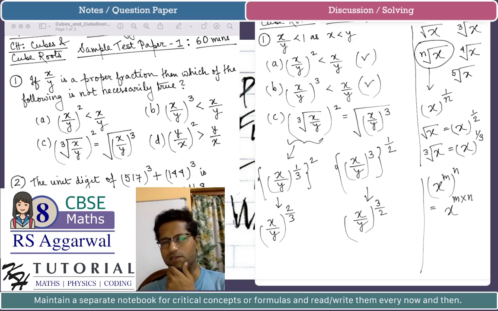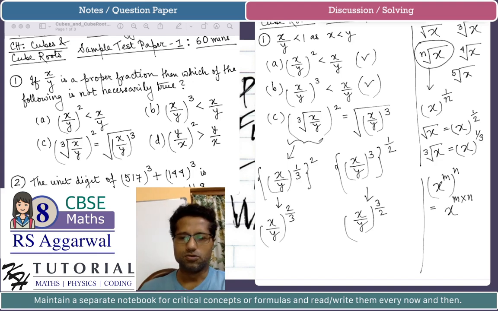In class 7 you studied these laws of exponents where m and n were integers. But in class 8, in general, the laws of exponents hold where the power or index is any rational number.